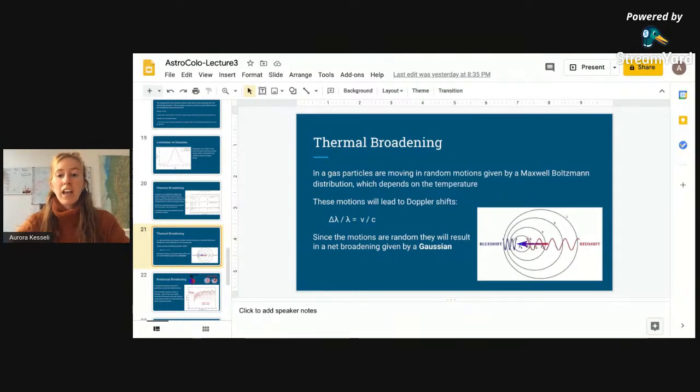If you're looking at very dense stars, like white dwarf stars, or even M-dwarf stars, pressure broadening can be a significant amount of broadening.